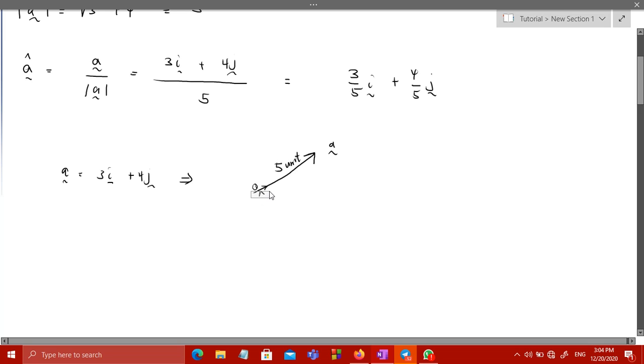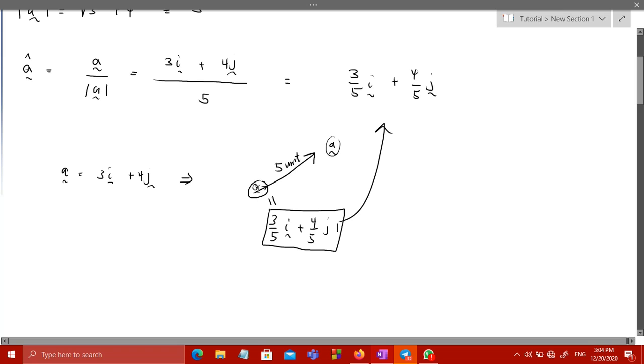Actually, I want to give you the insight. This 1 unit is what we call 3 over 5 i plus 4 over 5 j. This small little vector which represents 1 unit of vector A is just what we calculated just now. Now you understand the concept.